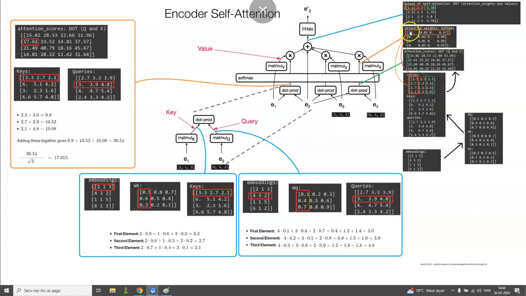Then we take this again and multiply it by this one, and then we get 2.3, and again this one, and we get 3.7 for the first word. So this is how it's really made in the transformer according to this image.